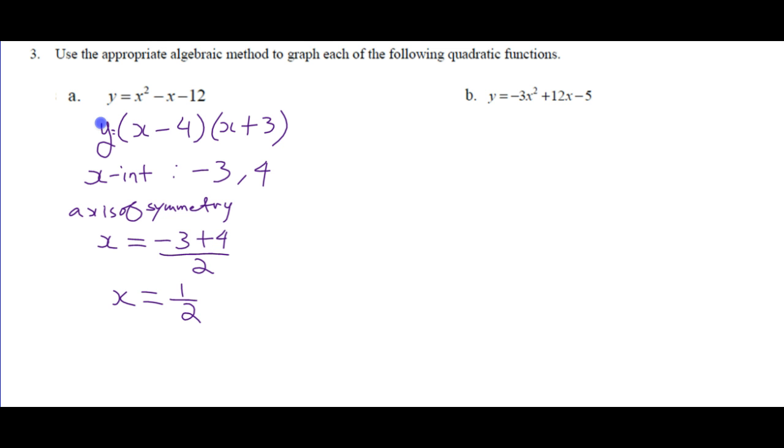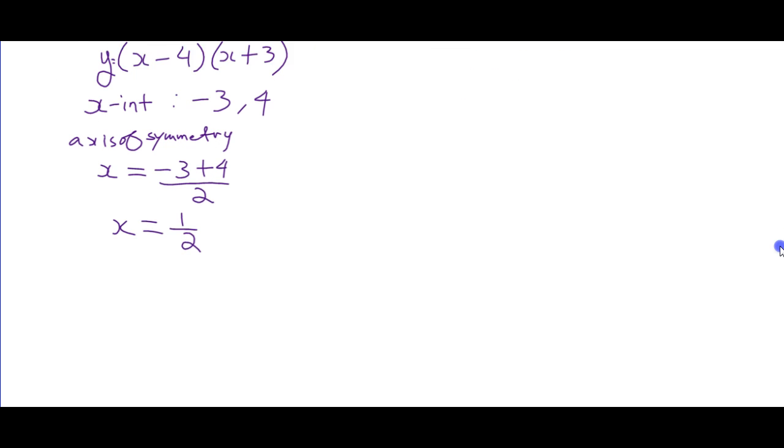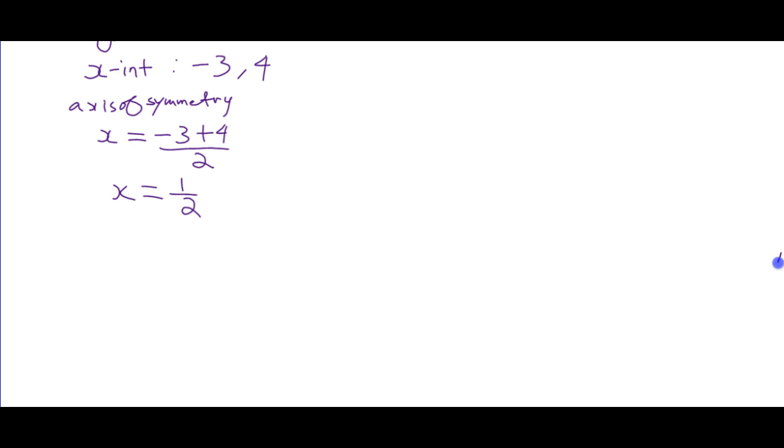So we got 1/2, right? I'm just going to leave it 1/2 like that, not 0.5. Since it's exact 1/2, 0.5 doesn't matter which one you use. If that's 1/3, you use 1/3. Don't change it to 0.3 because you can't round that.